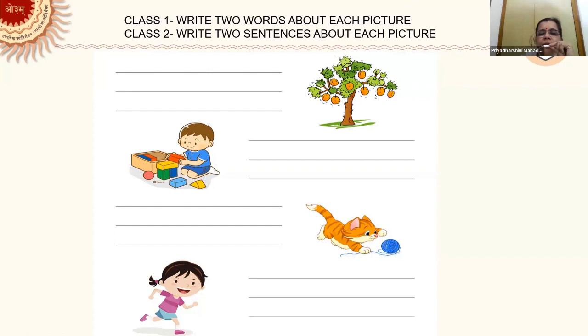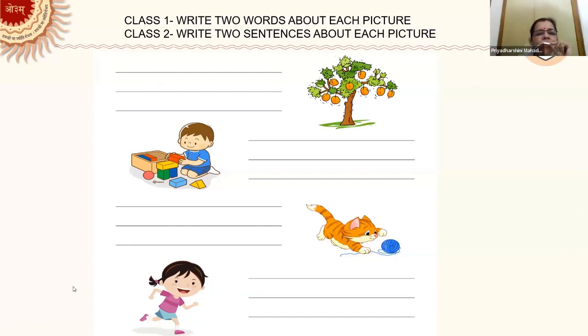Can you give me 2 words about the tree? First picture. Tree, fruits, ma'am. Fruits, okay. Orange tree. Orange, okay. Green tree, okay. Second picture. Joyful boy.